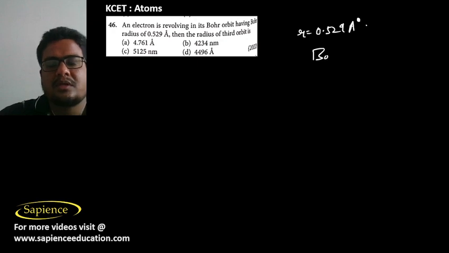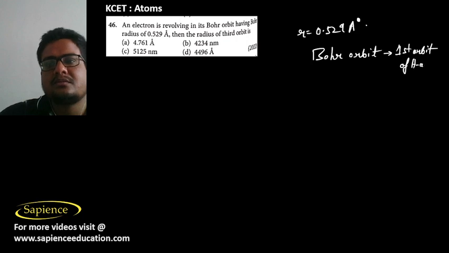So the Bohr orbit means it is the first orbit of the hydrogen atom. So therefore the radius of the third orbit, so this is actually a0.